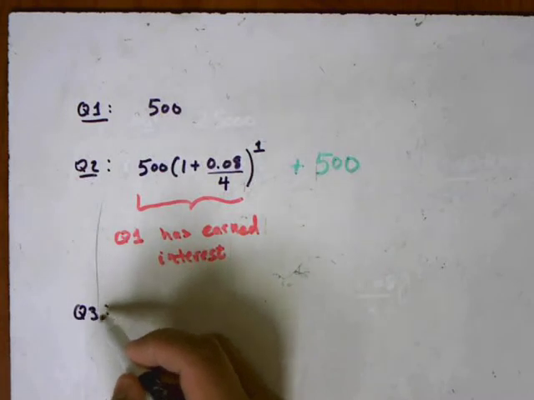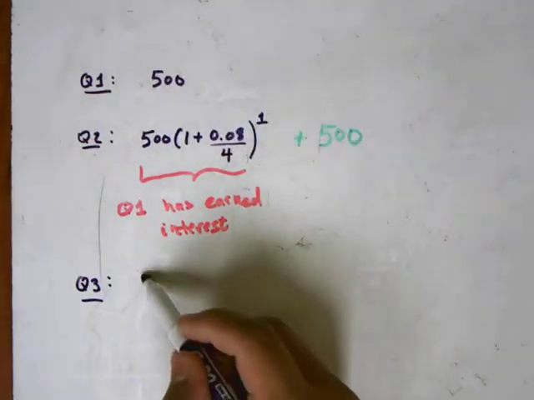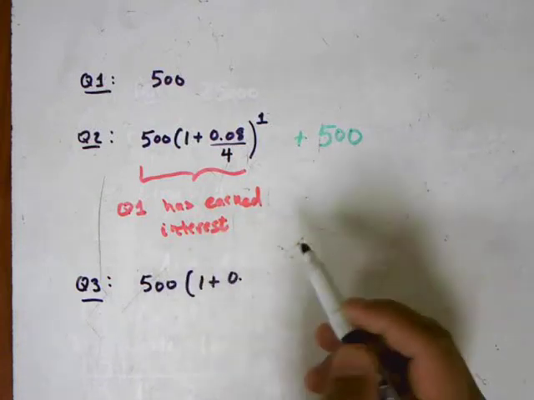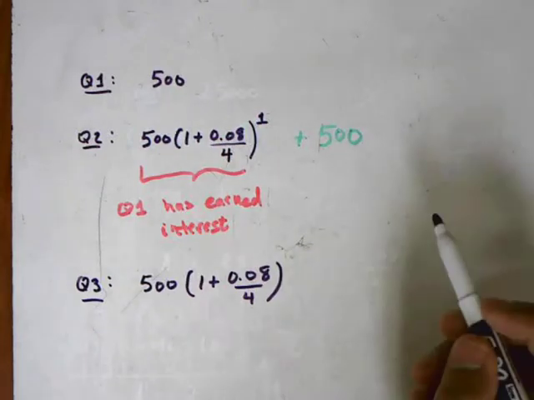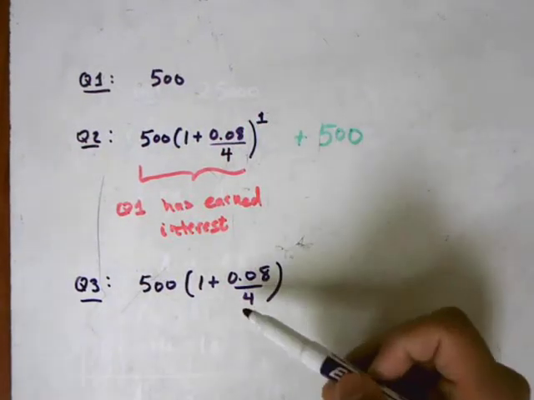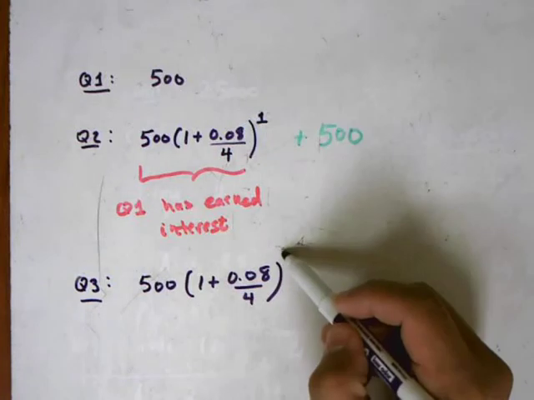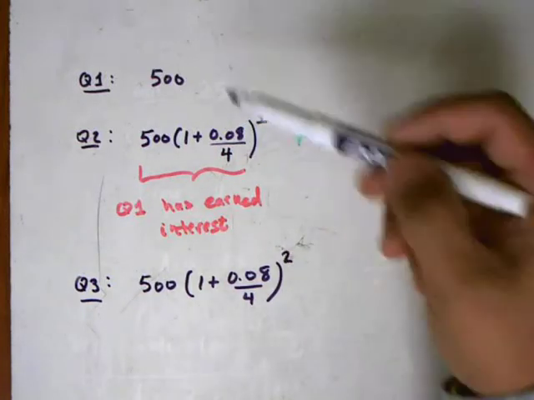Quarter three comes around, and the original $500 has earned a little bit more interest because it's been in there for 2 full quarters now. So this exponent here becomes a 2, because it's been in there for quarter one and quarter two.